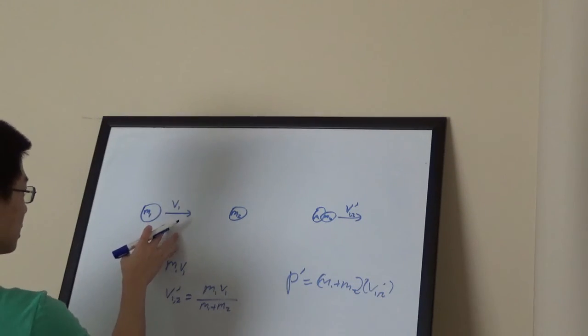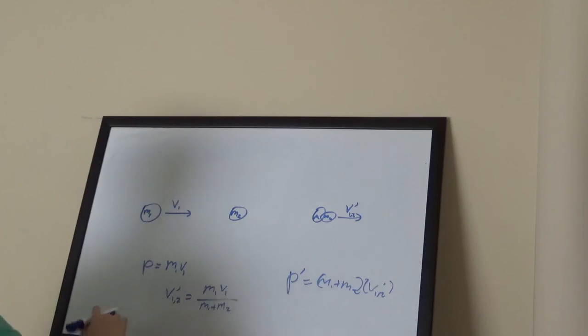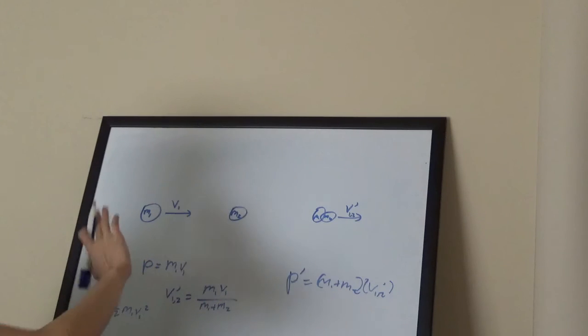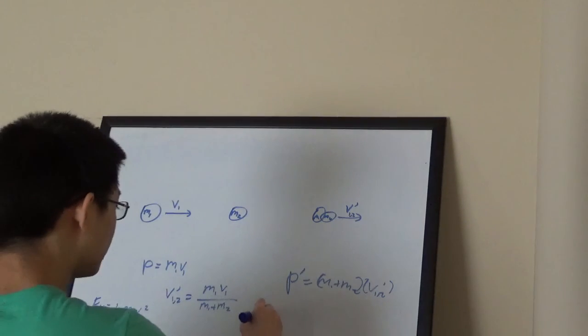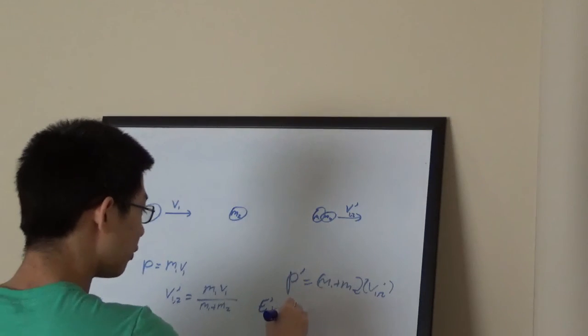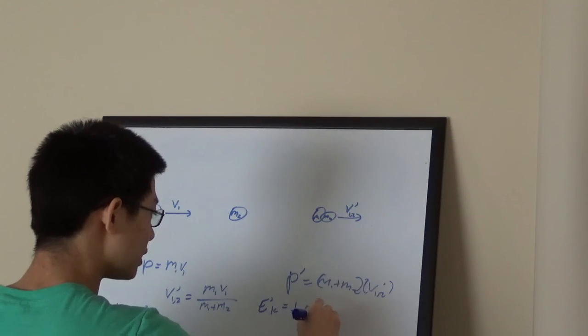So let's calculate the original energy here. Kinetic energy is 1/2 mv squared, so 1/2 m1 v1 squared. This contributes no kinetic energy because the velocity is 0, right? And then our final kinetic energy is equal to 1/2 the total mass, which is m1 plus m2, times v squared.